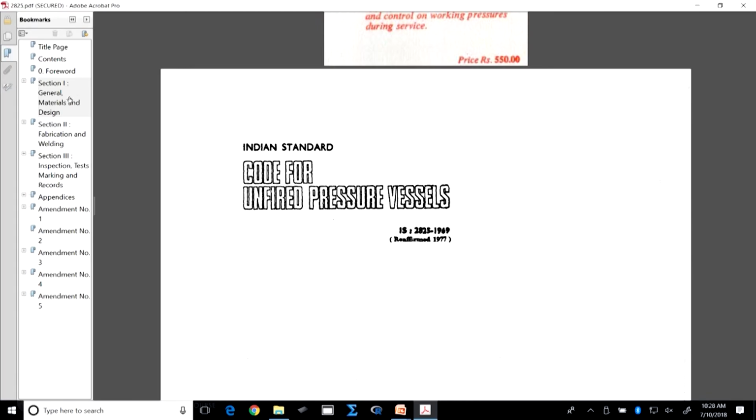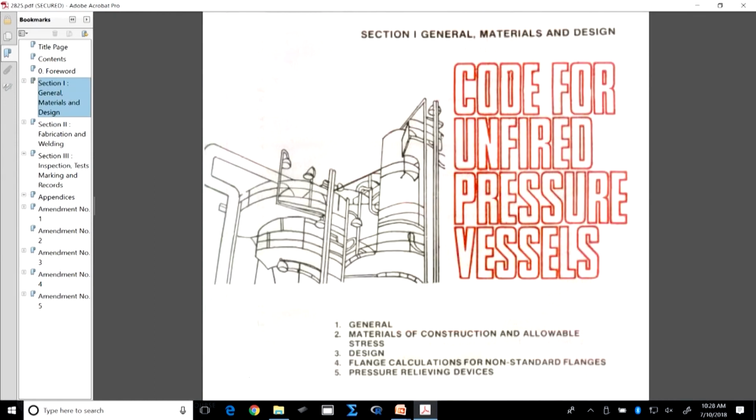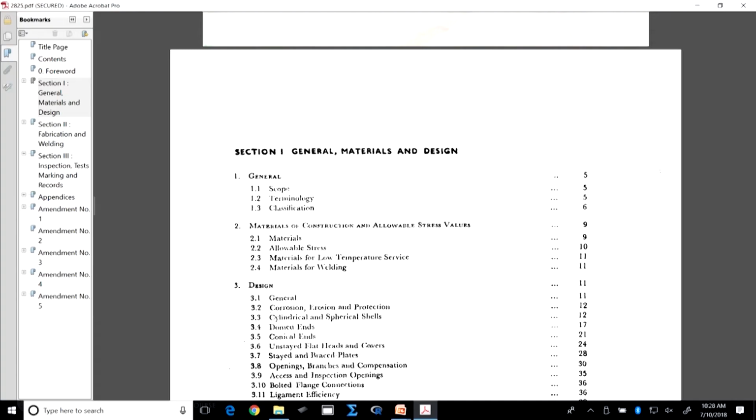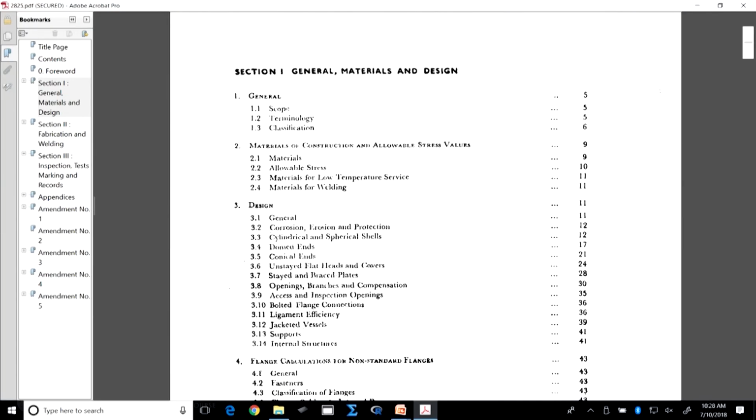As far as this particular course is concerned, we will only focus on section 1, which is on generals, materials and design. For design, section 1 should be considered. Therefore, we are focusing on this only, where designs are given like cylindrical as well as spherical shells, and then we have different sections that we will discuss when time comes.